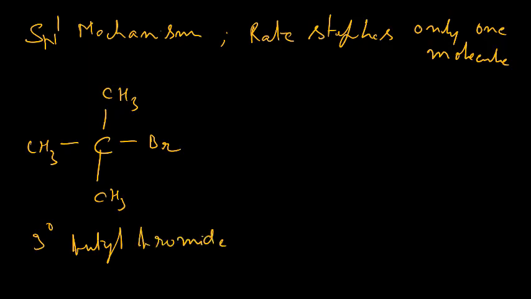What is tertiary butyl bromide? This carbon is the carbon bearing the halogen atom. The carbon bearing the halogen atom is connected to three more carbon atoms. Such a carbon is known as a tertiary carbon, and this substance is referred to as a tertiary butyl bromide or tertiary alkyl halide. Now this halogen atom leaves. This is a reversible reaction.